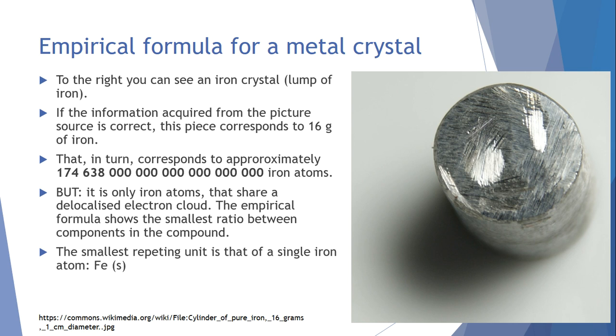So whenever we write an empirical formula, when we write a metal involved in some sort of chemical reaction, we write the smallest repeating unit, and that's an individual iron atom. But of course, this is an empirical formula, and usually we have lots of iron atoms. Look at this number, which is huge. Lots of iron atoms that stick together via metallic bonding. But when we write chemical formulae, we only write an individual atom like this if we have just one element within our metal crystal. Bit different if we have an alloy of some sort.